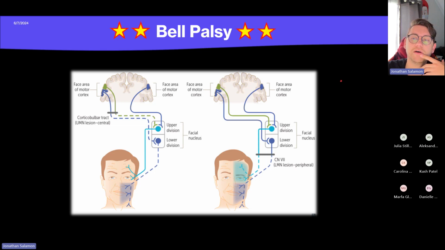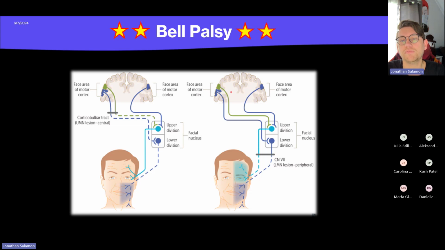And a big thing for this is Bell's palsy. So basically, if half of somebody's face is paralyzed, that's okay, because it is probably a seventh cranial nerve lesion. Maybe just some type of neuritis, right? That might fix itself. If only the bottom corner of their face is paralyzed, that is a problem, because that means the problem is coming from the cortex. And the reason is because the top of your face gets bilateral innervation from both motor cortices.